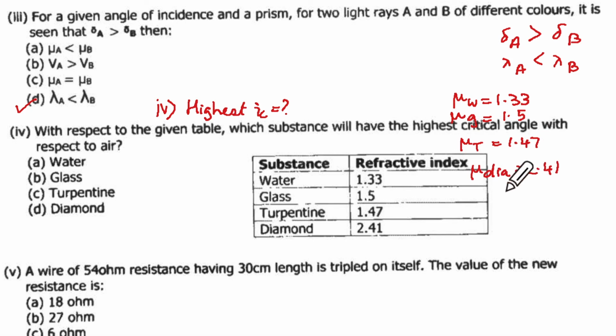So now remember, mu of diamond is greater than, which is the smallest? Mu water. So this is the max mu and this one is the minimum mu.